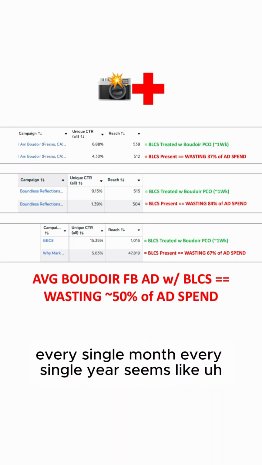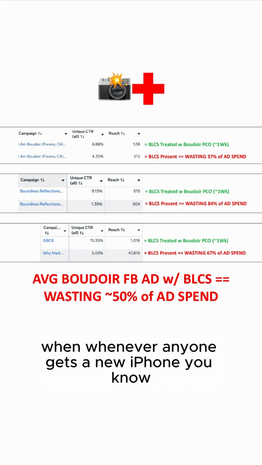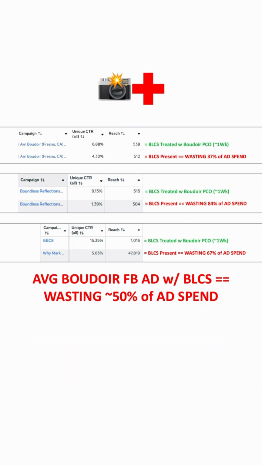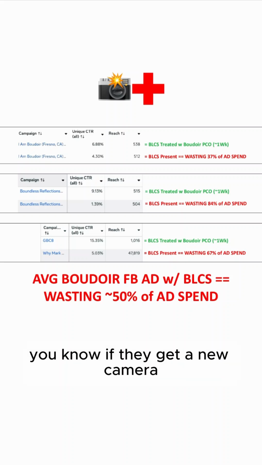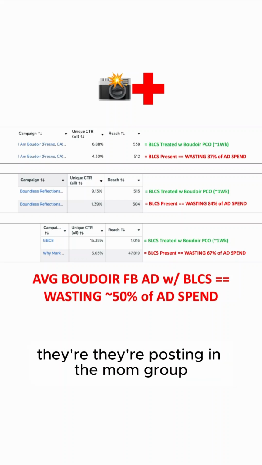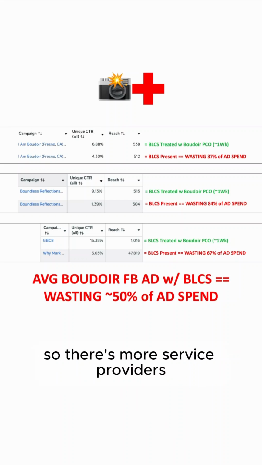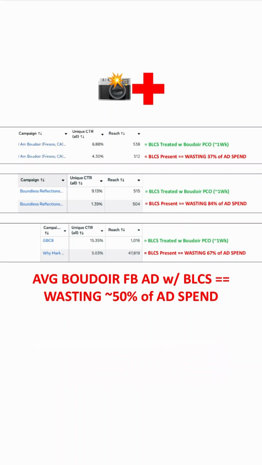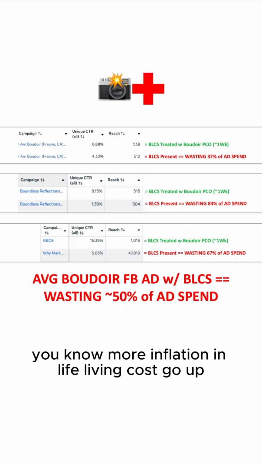Seems like whenever anyone gets a new iPhone, they're also throwing up a new Google My Business profile saying they now offer Boudoir, or if they get a new camera, they're posting in the mom group saying they now offer Boudoir. So there's more service providers, same number of buyers, more competition, and you're also seeing more inflation in life.